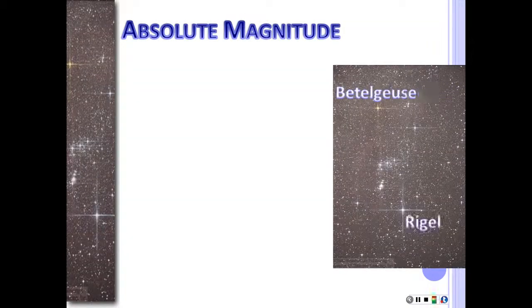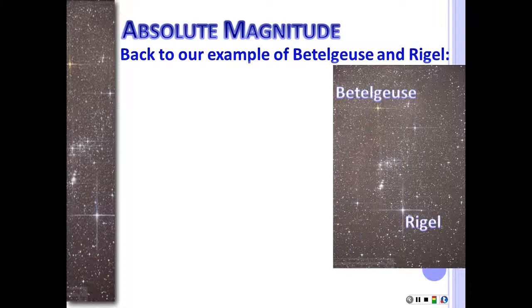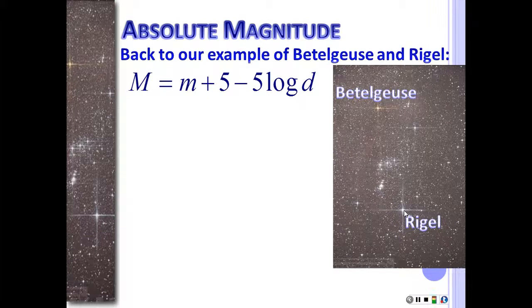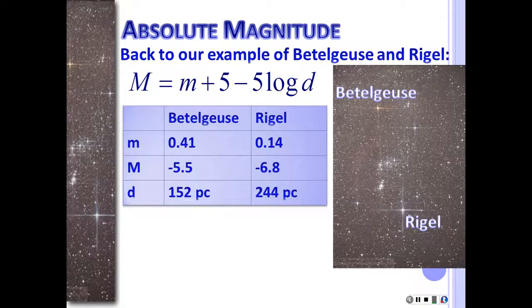So let's go back to our Betelgeuse and Rigel comparison. Remember, here's Orion, here's the belt, here's Betelgeuse, here's Rigel. And here's our magnitude equation. And in this case, we can measure the absolute magnitude. We know how far away it is. They're actually close enough. Remember that Betelgeuse is closer, 152 parsecs. And they're close enough that we can measure this with parallax.